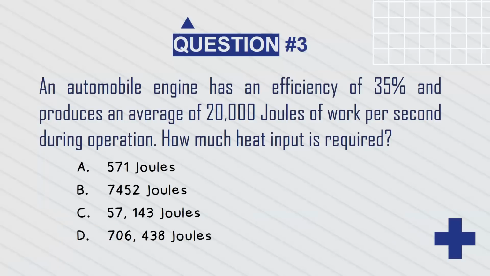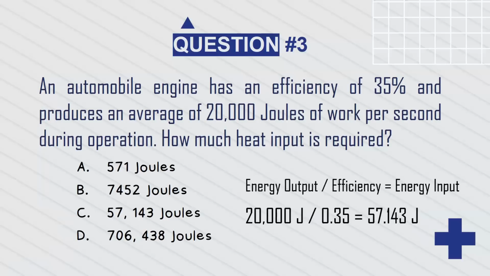So again, the heat input is equal to the energy output divided by the efficiency. Okay, so 20,000 joules, which is the energy output, divided by 0.35 is equal to 57,143 joules. So the correct answer is letter C.